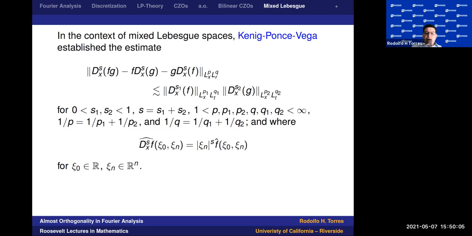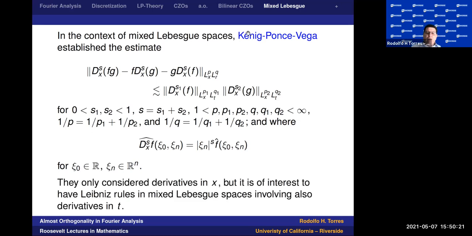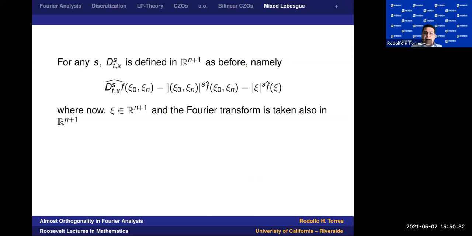One thing I want to point out is that their derivative only involves differentiation in the space variable, that is, when you take the Fourier transform, it is the n-dimensional frequency variable that appears. No derivative on the time. So what we wanted to do is prove an estimate of Leibniz form for derivatives that involve all the variables, both t and x. That is the new part of this talk, the new result that I want to present.